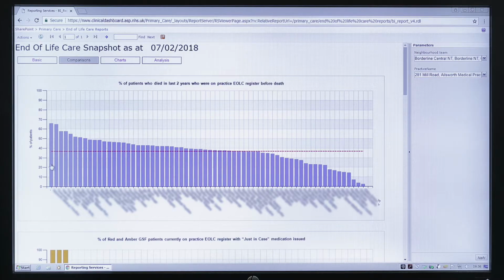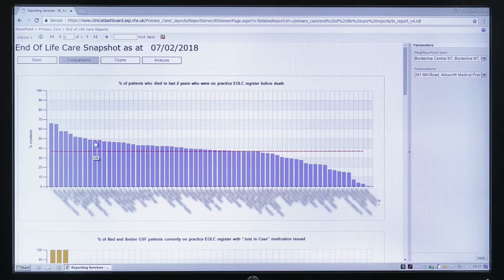and you can see there's quite a distribution across the CCG, and I'm trying to find, this is my practice here. If you hover over any one of these columns, you'll see there are 196 patients who've died in the last 2 years. And in my particular practice, we were just shy of 50%.